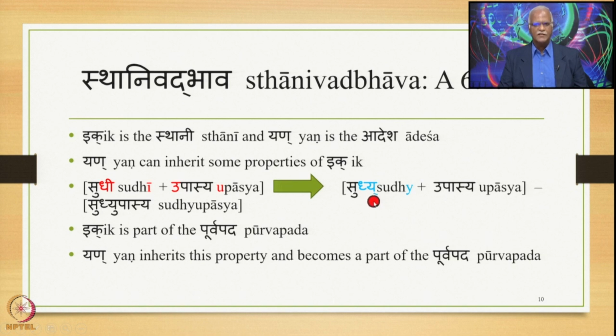So, because of that, this Y comes at the end of the Pada, because of which certain operations happen, which we shall discuss later on in this particular lecture. So, this Y is part of the Purvapada. Why? Because its substituent E is part of the Purvapada. This property can be inherited by applying the technique of Sthanivat Bhava.